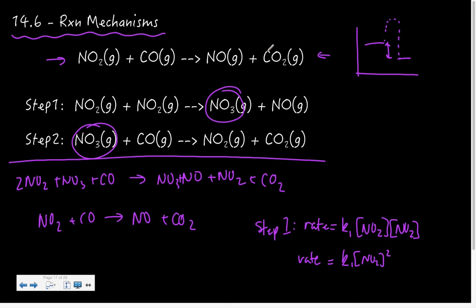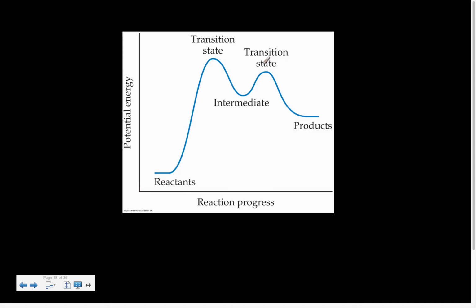That would be the rate law because it's an elementary step. We could not do that for the overall reaction, because that's not an elementary step. On a graph, what does that mean? Here we still have reactants versus product, so this is still my overall delta E for the process.